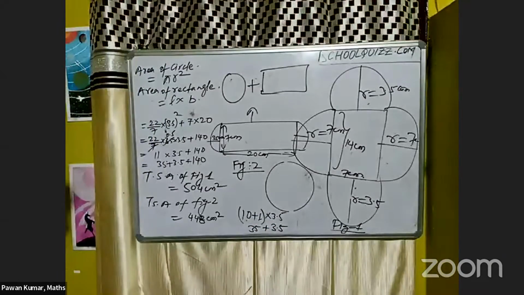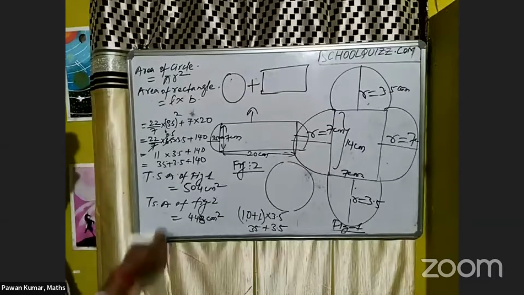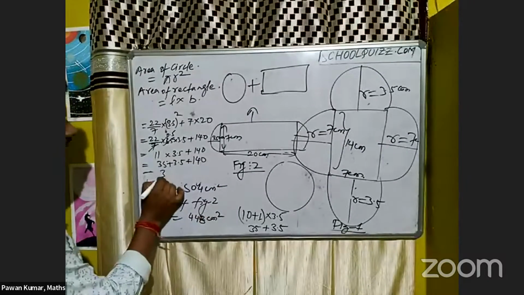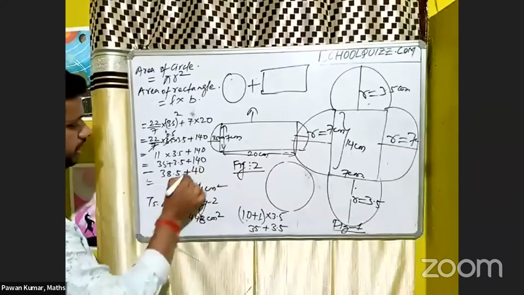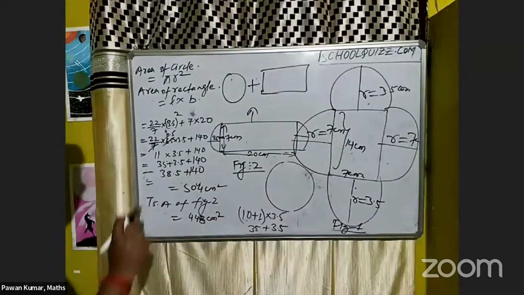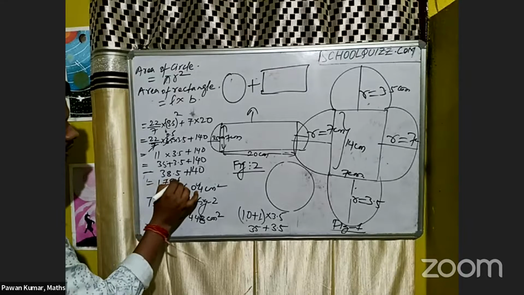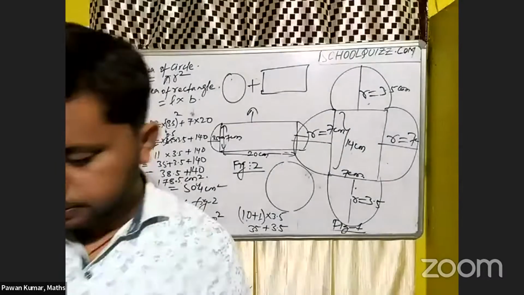So no need to multiply like that. Just add all the numbers: 38.5 plus 140. So I'll get 178.5 centimeter square. Is that correct?